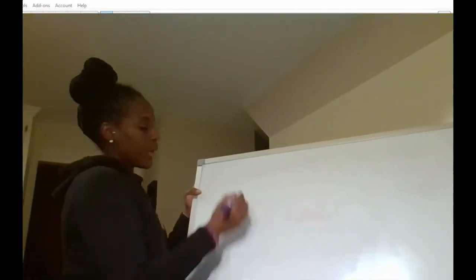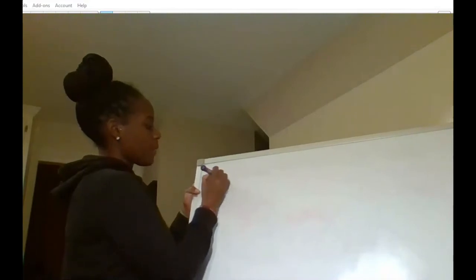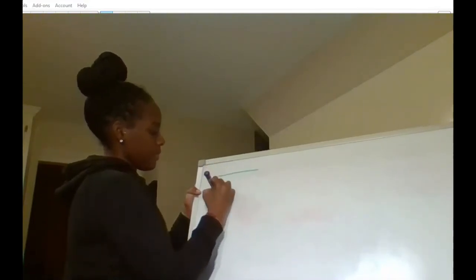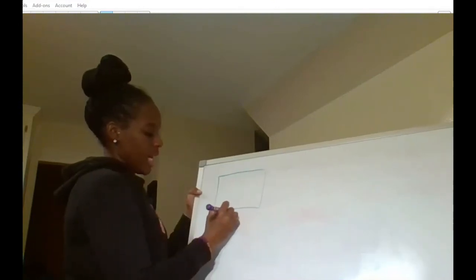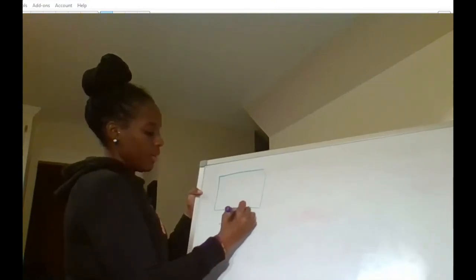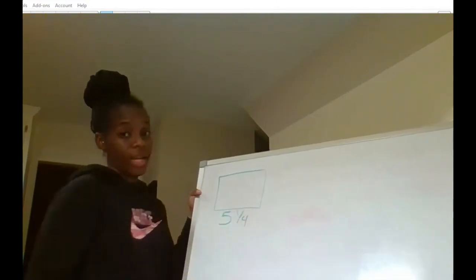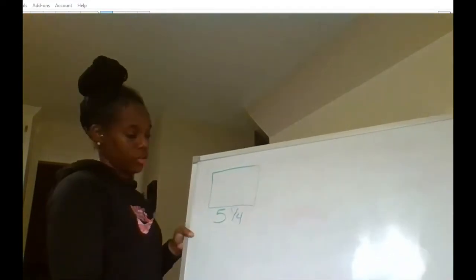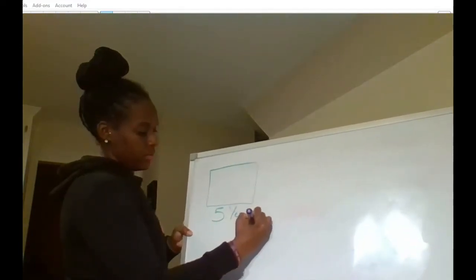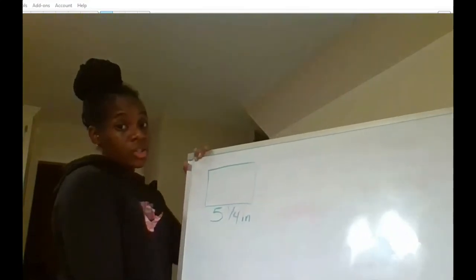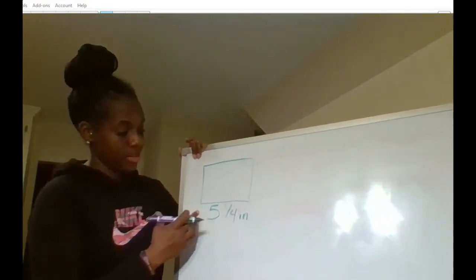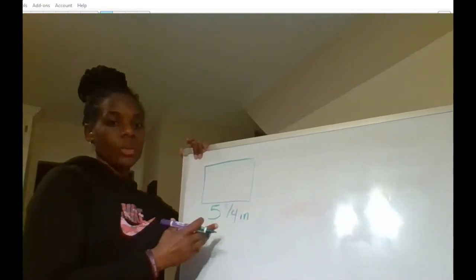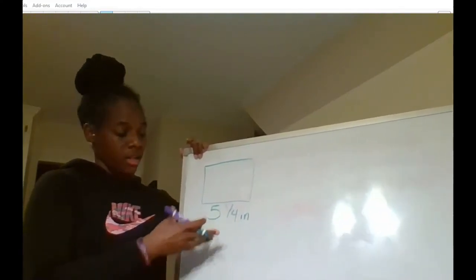So I'm going to draw my square, and my square might not be perfect, so don't judge me. All right, all of these are equivalent to 5 1/4 of an inch. So now when we are doing this, notice, you can't really work with fractions the way it is.